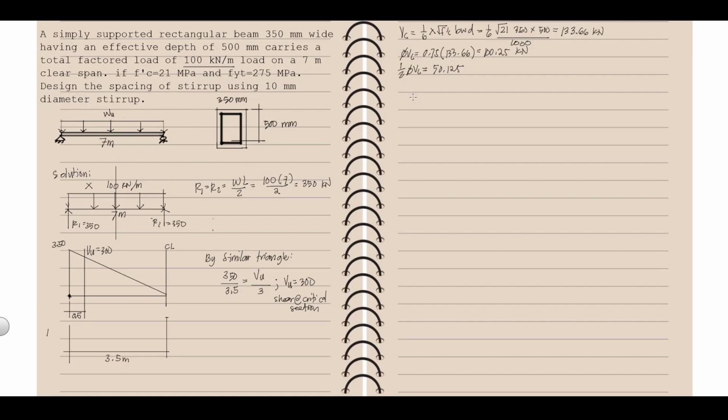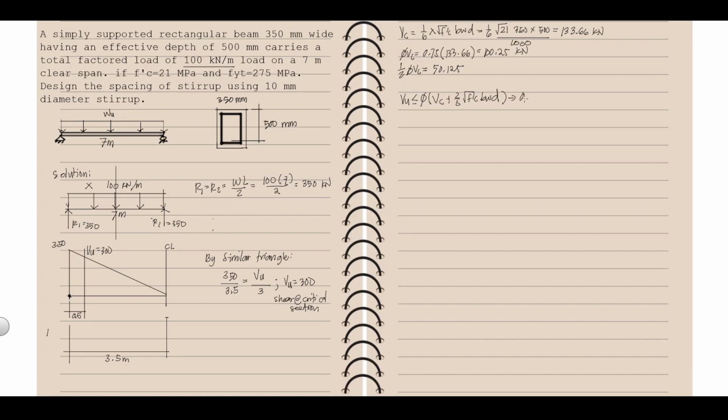So, next na kailangan natin i-check is your cross-sectional dimension. So, sa cross-sectional dimension natin, the VU must satisfy this, no? This equation, VC plus 2/3 of square root of F prime C, BWD. Okay? That must satisfy niya to. Okay, so we need to get this value first.